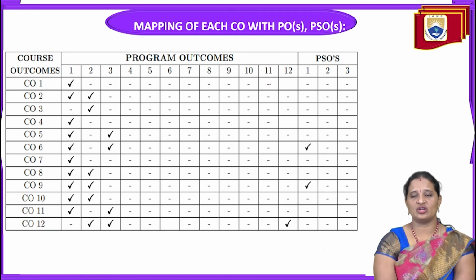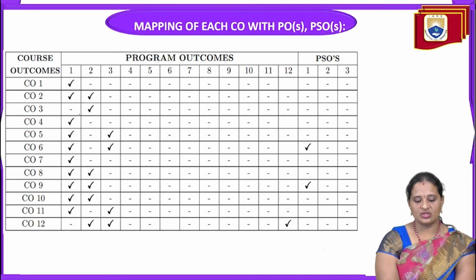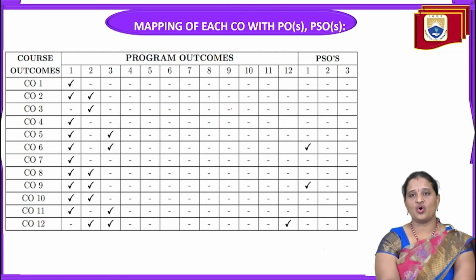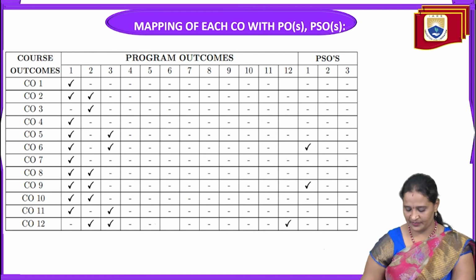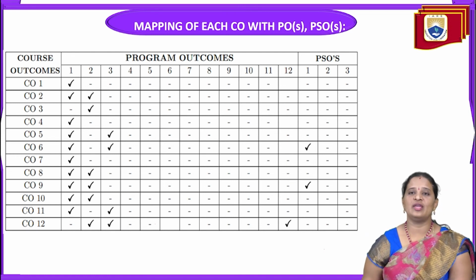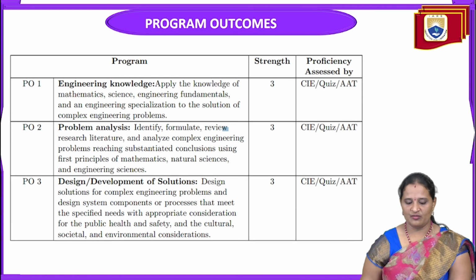And even it is not related to the lab, so we are not mapping the communication related POs and all, that is teamwork and all. So, this is mapped to PO2 again, CO4 is mapped to PO1 and CO5, PO1 and 3. So, like that all the COs are mapped with the POs with their relevance. That means according to the key attributes of each and every PO, the COs are mapped to the POs.